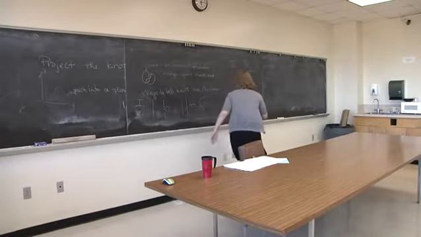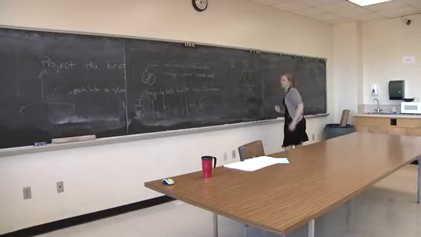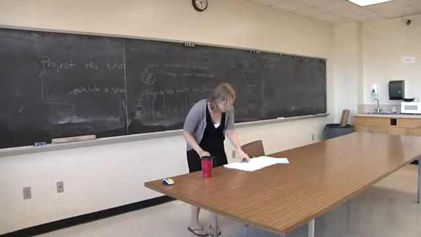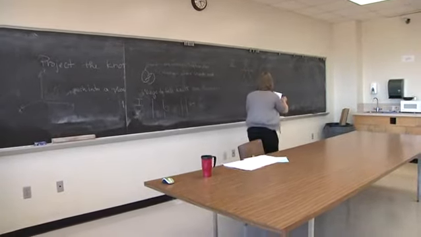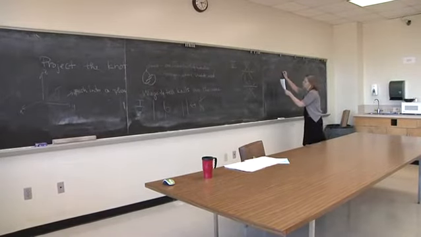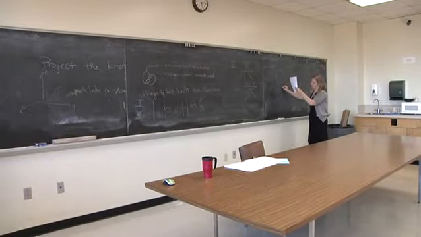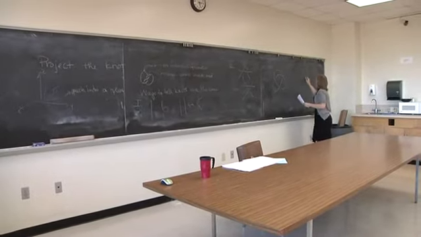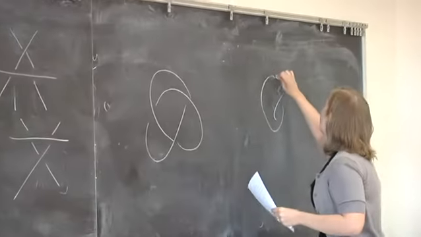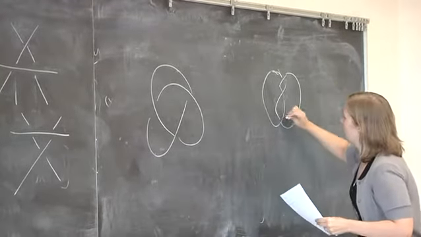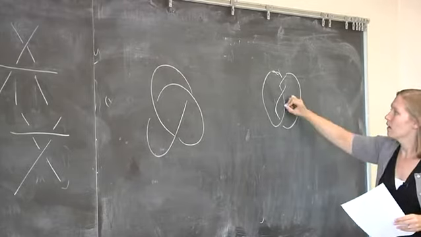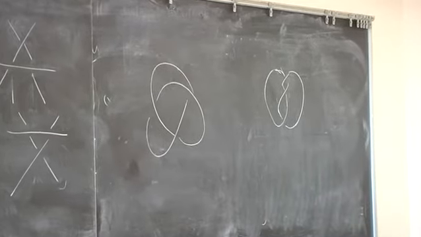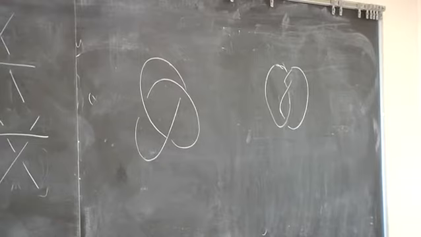Okay, so I always draw the trefoil this one certain way because I always get it wrong if I try to draw it the other way. So this knot and this knot are the same. So I would like you to take 2 minutes and try to find a series of Reidemeister moves to get from one to the other.